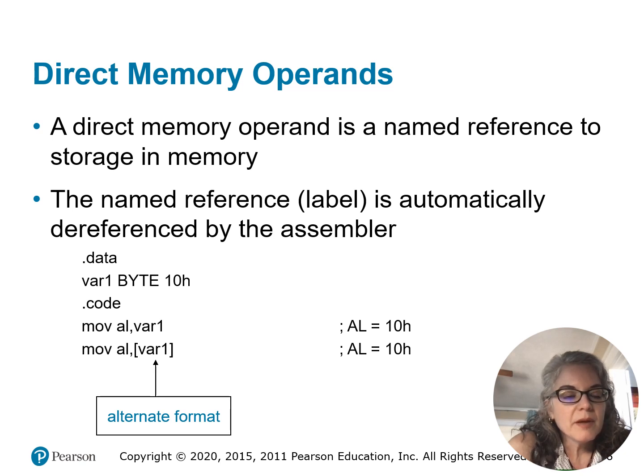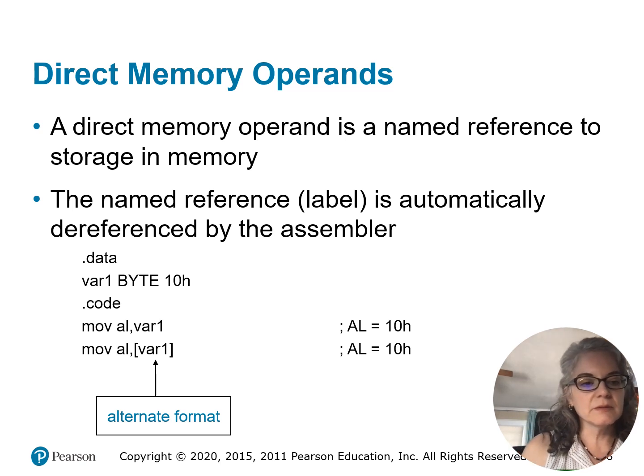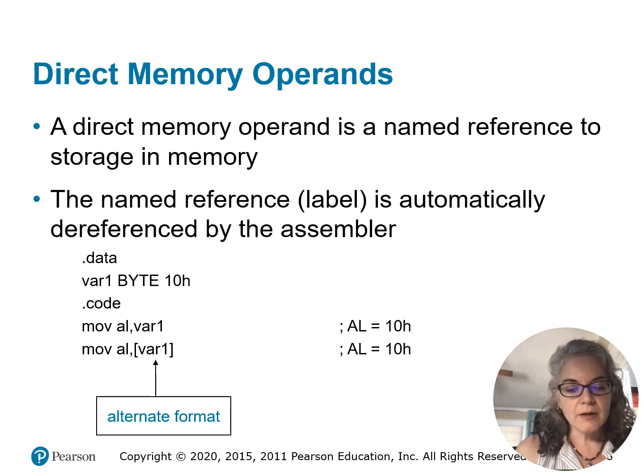So we have direct memory operand, and this is directly var1 accessing a memory location. var1 is whatever value is in var1, this 10h. This label here will take us to that memory location where 10 hexadecimal is found.